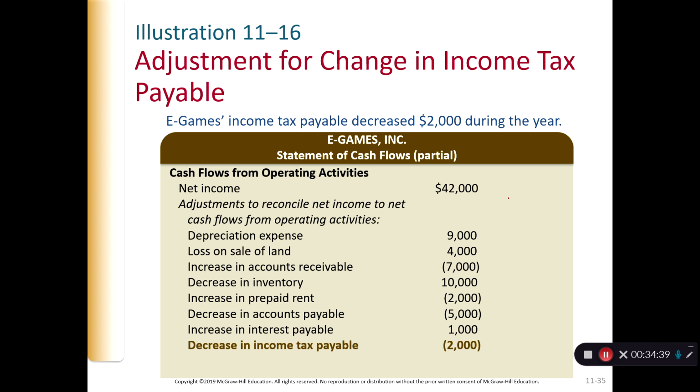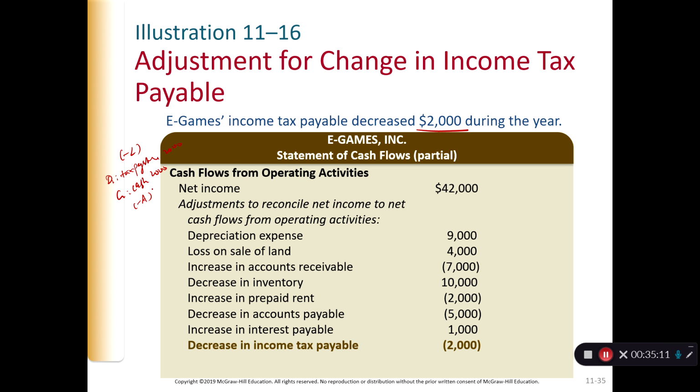So after that, you can see that decrease in tax payable, right? The income tax payable decreased by $2,000 during the year. So in other words, the decrease in tax payable indicates that the company paid $2,000, debiting tax payable and crediting cash for $2,000, and this is minus liability and this is minus asset.